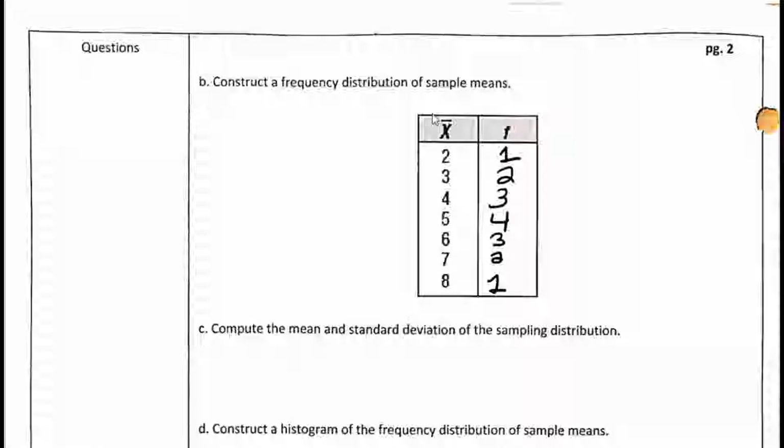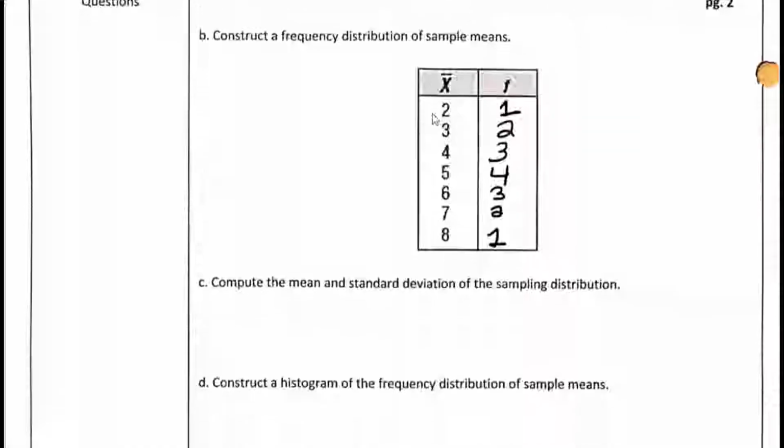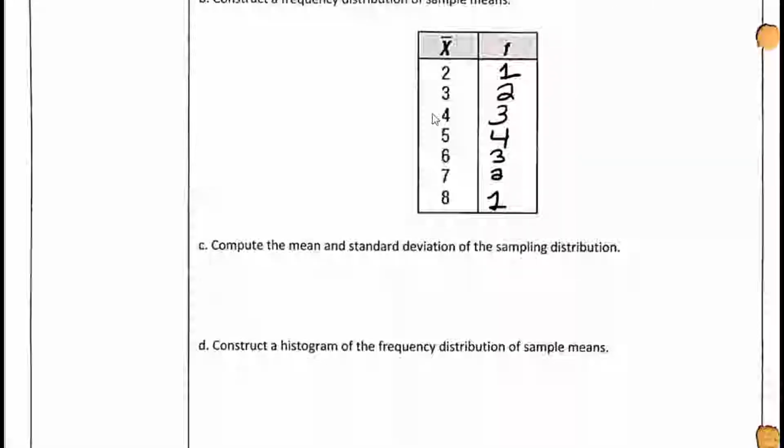So what we're going to do, before we actually do the histogram, we're going to calculate the mean and standard deviation. So, all right, we're going to calculate the mean first. To do the mean, we're going to add up all the numbers.